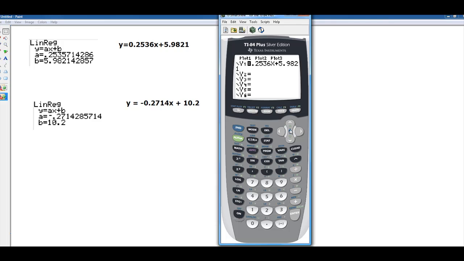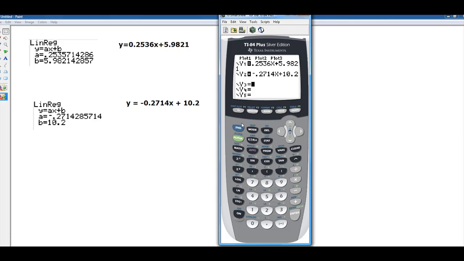Here again, be cautious. This is a negative sign, so we will click on negative here, and then we have 0.2714x plus 10.2. All right, so we got that.